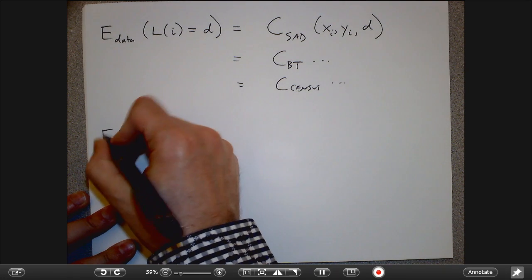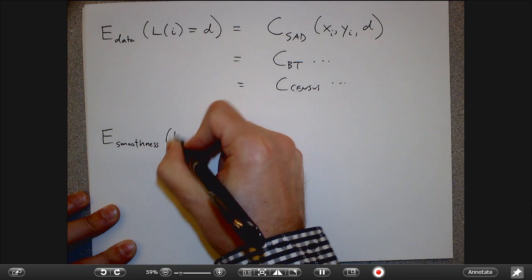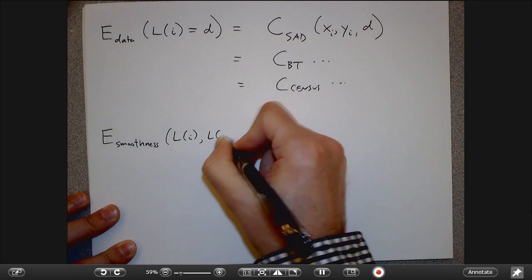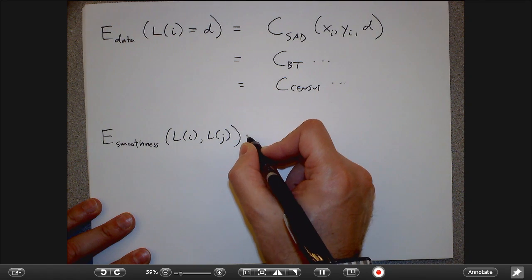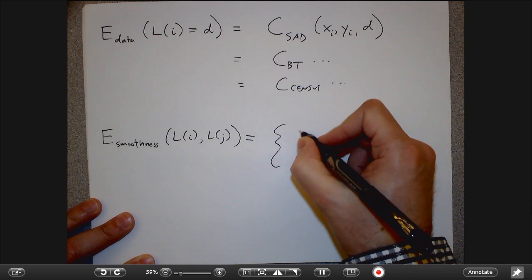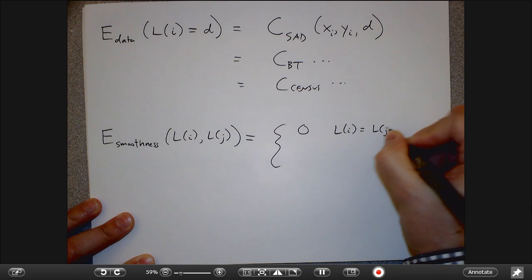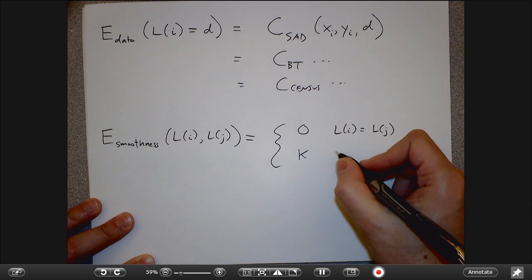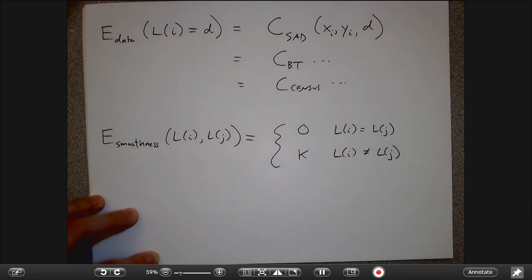So this is the only thing that depends on the image, right? And the smoothness term could be a variety of things. One thing that I could say is that it's equal to 0 if the labels agree, and it's equal to some other big number if the labels don't agree, right?